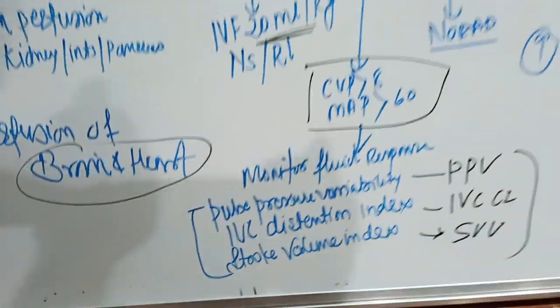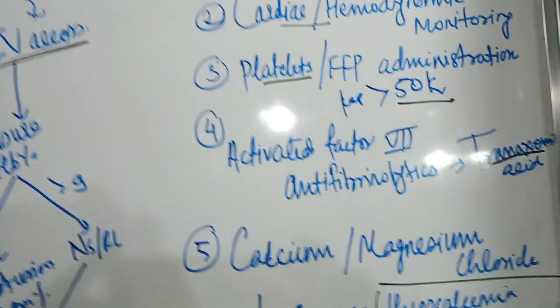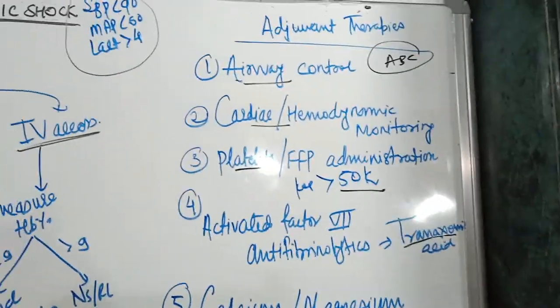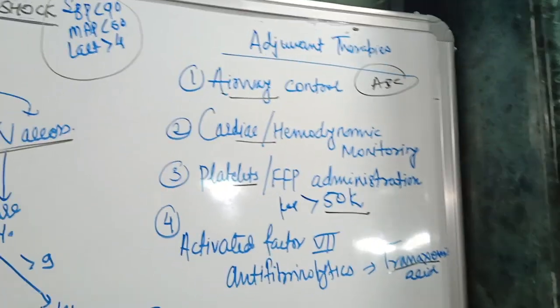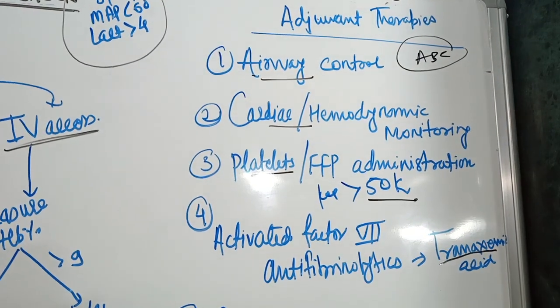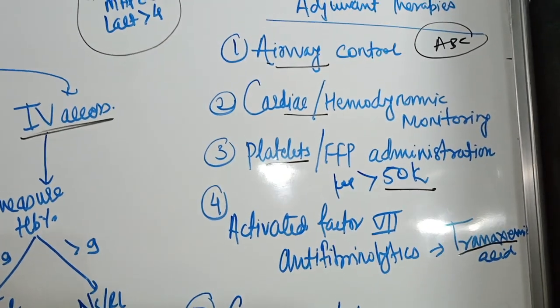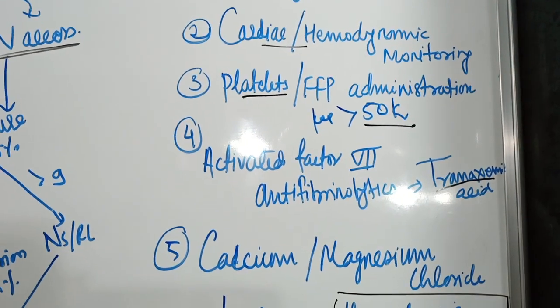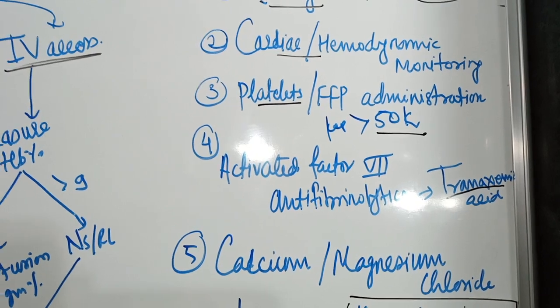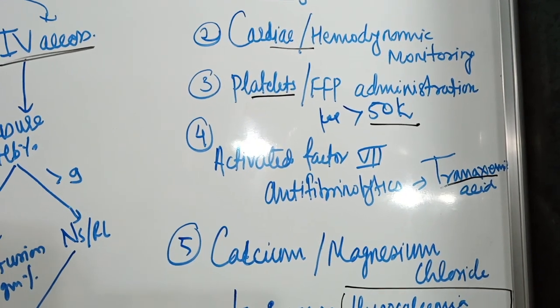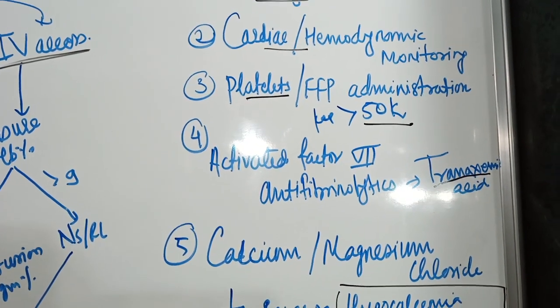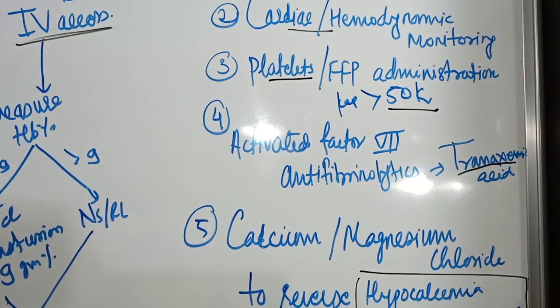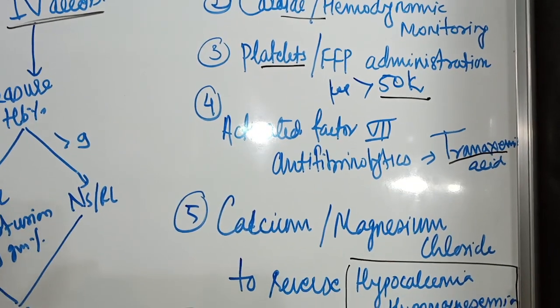So what are the urgent therapies during management of hypovolemic shock? Same ABC: airway control, cardiac or hemodynamic monitoring. When there is blood loss with thrombocytopenia, we must give platelets or SDPs, FFPs, and try to maintain platelet level more than 50.